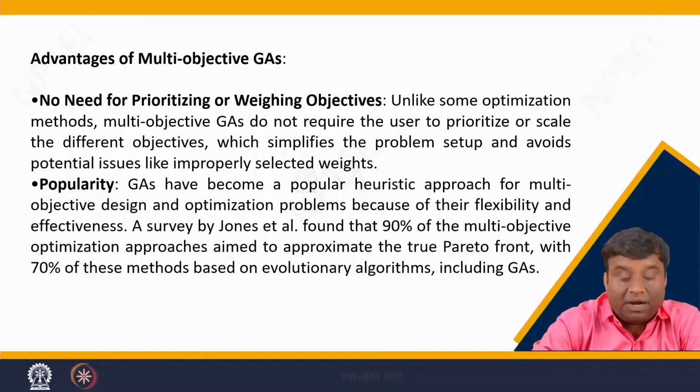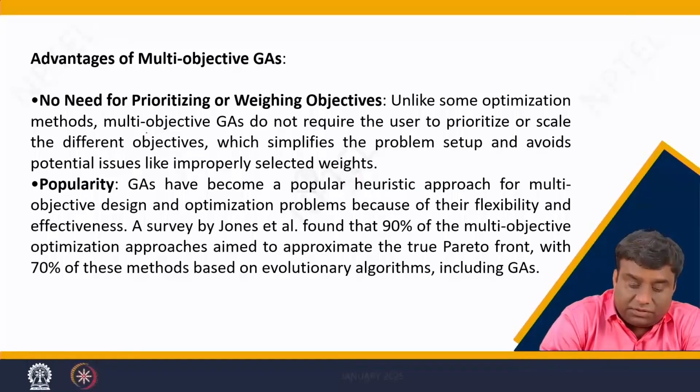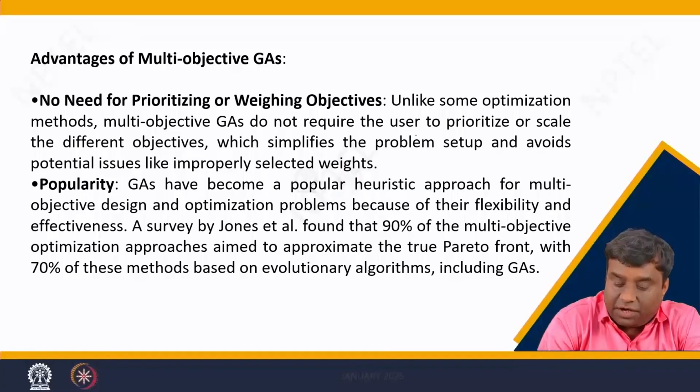So, advantages of multi-objective genetic algorithms. No need for prioritizing or weighting objectives. Unlike some optimization methods, multi-objective genetic algorithms do not require the user to prioritize or scale the different objectives, which simplifies the problem setup and avoids potential issues like improperly selected weights. Second advantage is popularity.